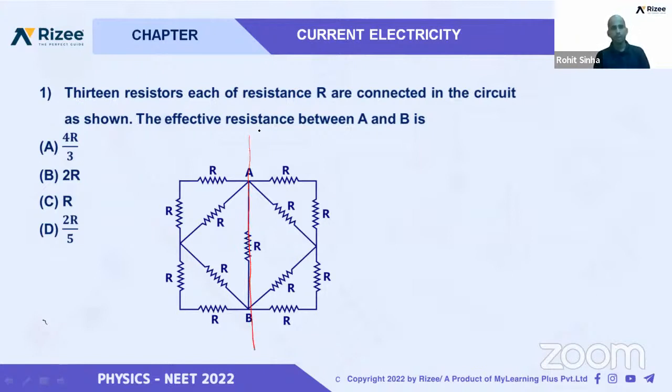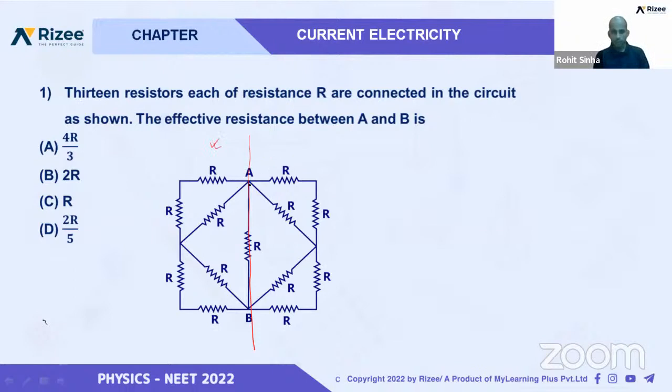If you get a symmetrical circuit, then you should try to use the symmetry relation, because it will always save your time. So when we see that it is a symmetrical circuit, we will solve one of the parts, left or right, and use it for both.